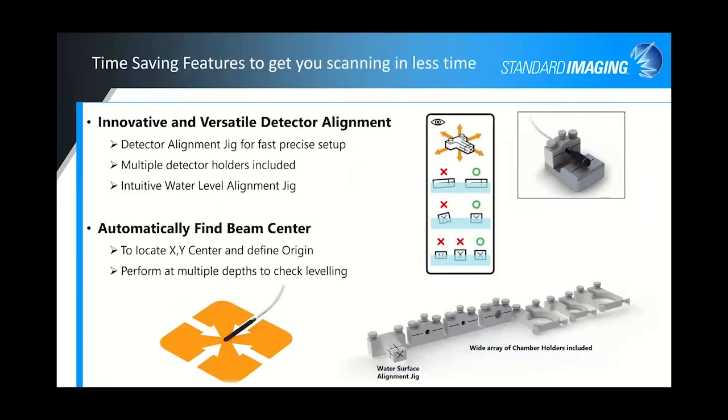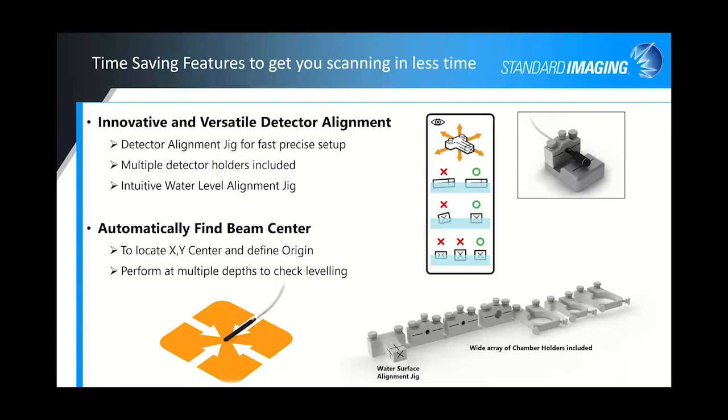Some other nice time-saving and convenience features for the system. We've got a very innovative and versatile detector alignment system. We have a water surface alignment jig, which you can see on the bottom center there with the X and the crosshairs on it.